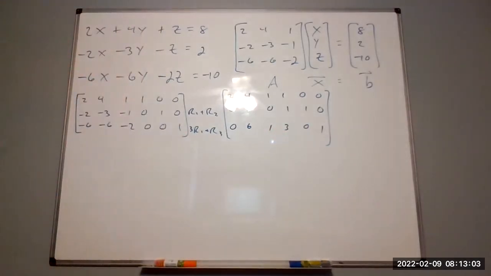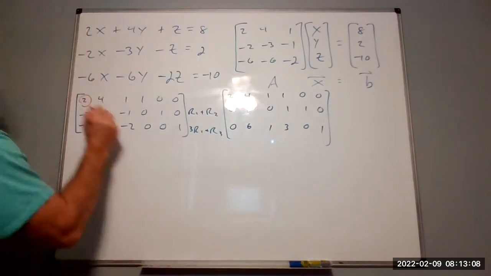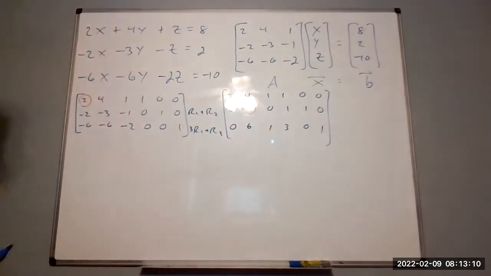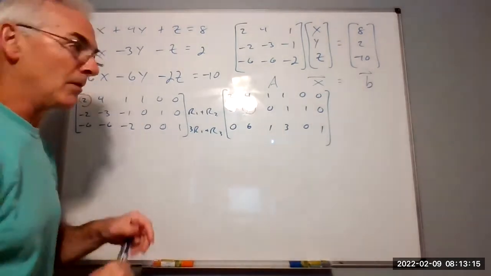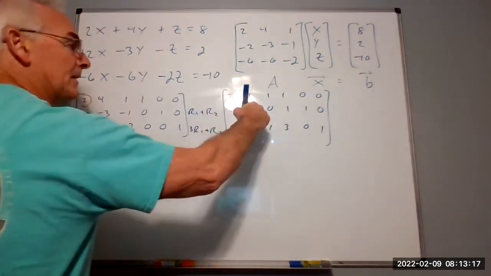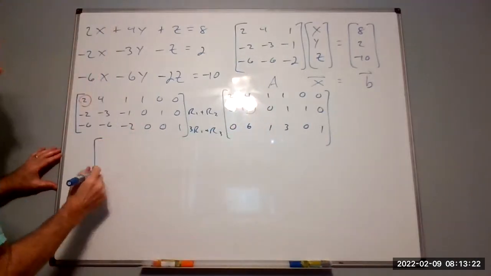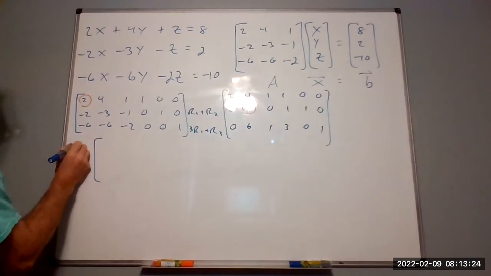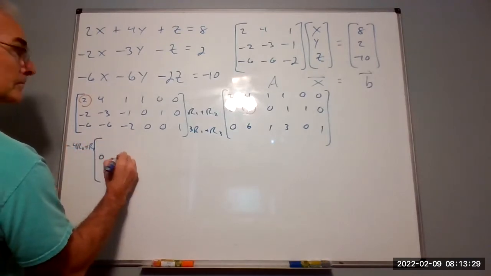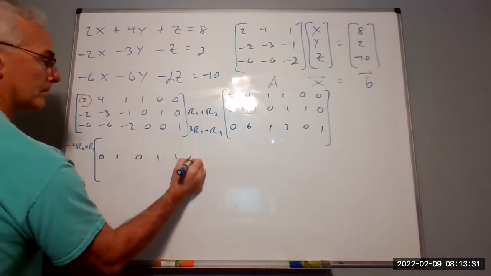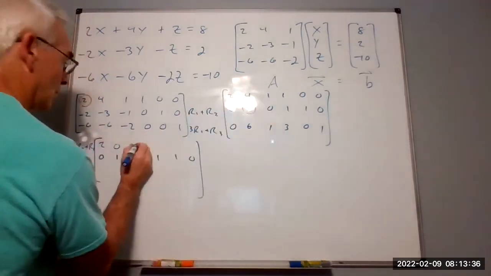Now I'm at a very good place right now, because now I have a pivot of 1. Big fan of pivots of 1. Definitely makes my life a little bit easier. All right, so now let's take this guy, put a 0 above, and a 0 below. So we're going to do negative 4 row 2s plus row 1. So 2, 0, 1.